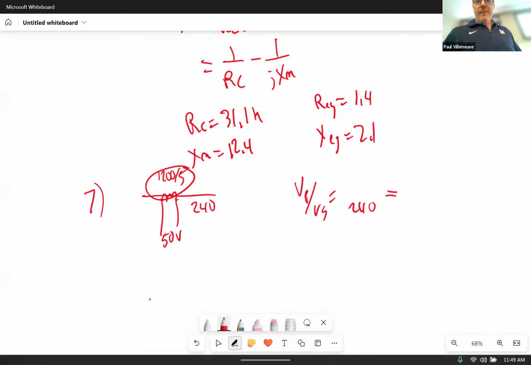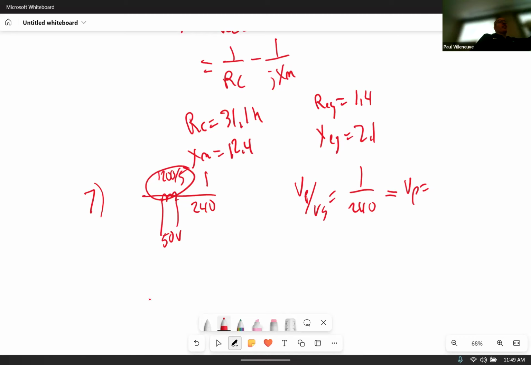So VP equals 240 to 1, or do I have it backwards? Let me think for a second. If the current is going down, no, it's 1 over 240. It has to be 1 over 240 because if the current is going to go from 1200 to 5, the voltage has to increase on the secondary, right?